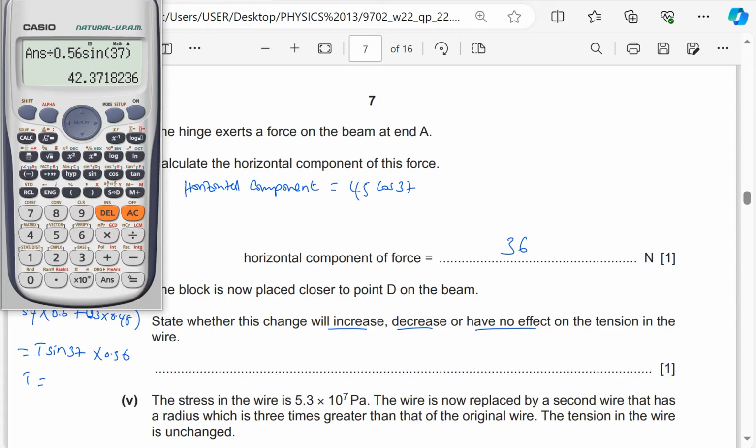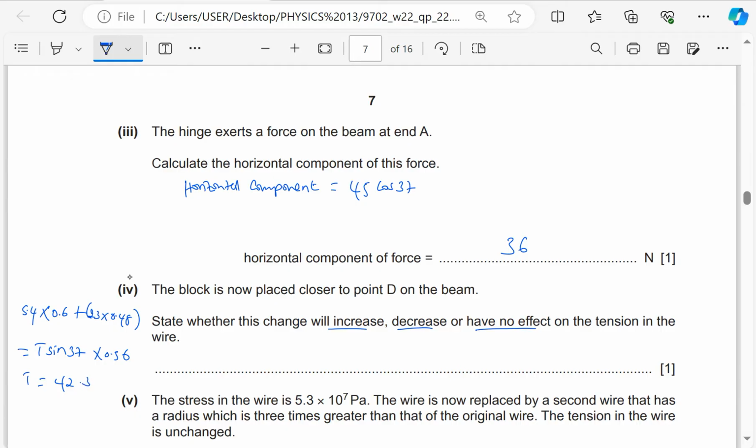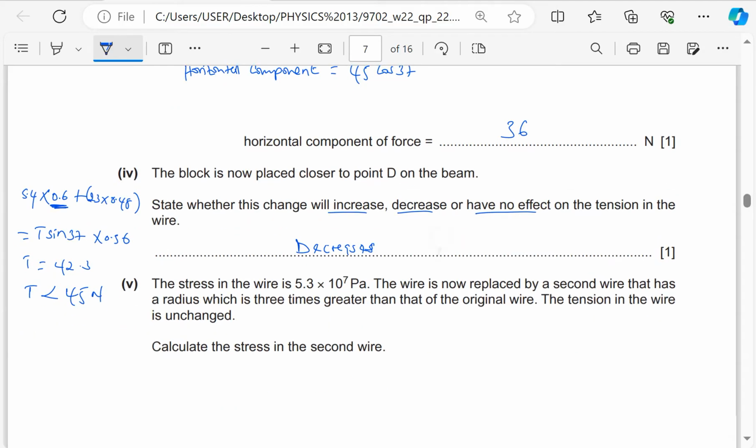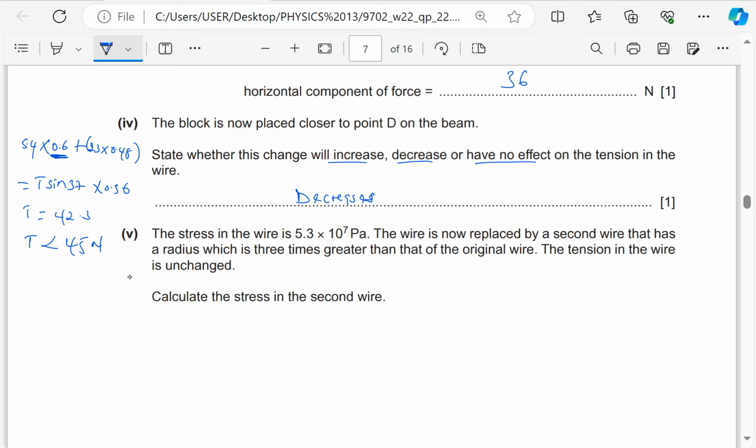So I'm getting T as 42.3. So it means when these move closer, the perpendicular distance decreases. It means the tension also decreases. So here the answer is going to be decreases, because we are seeing tension is now less than 45 newtons. So the tension decreases.